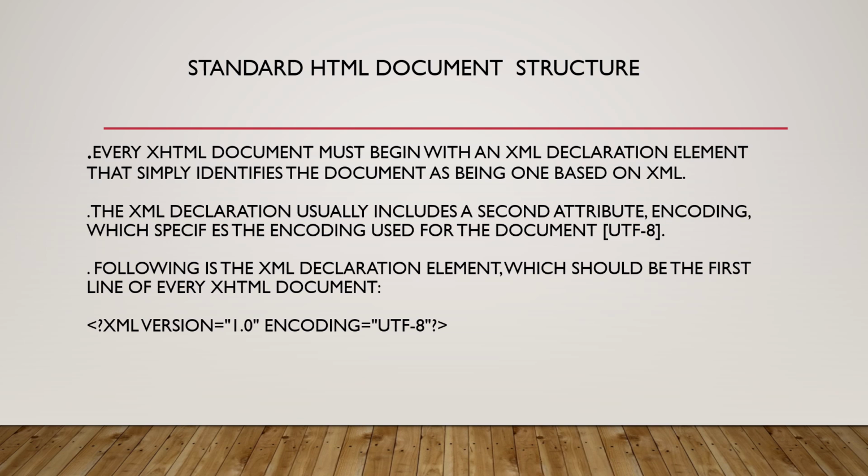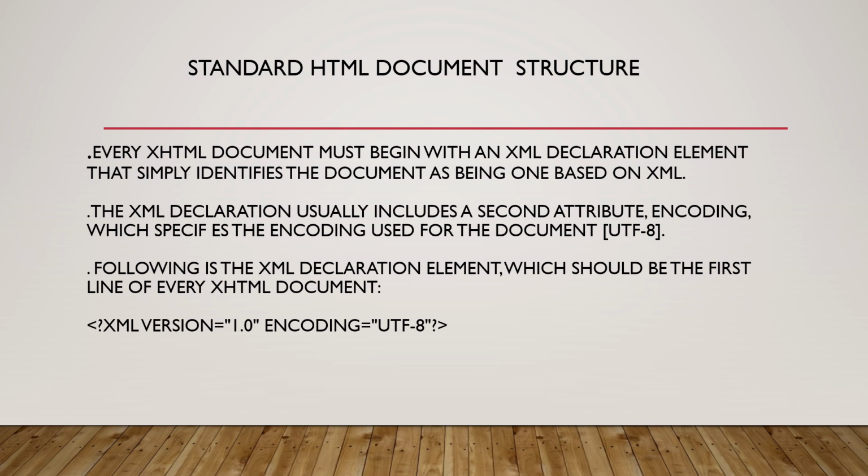Now I'm going to the standard HTML document structure. In the standard HTML document structure, every XHTML document must begin with an XML declaration element that identifies the document as being one based on XML.